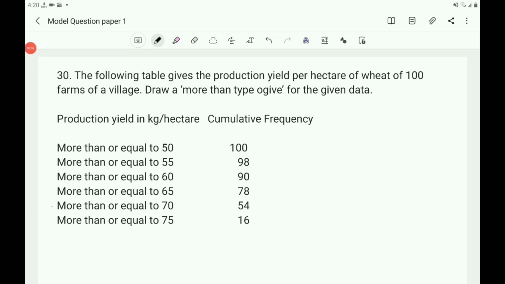Now you take the 30th question. The following table gives the production yield per hectare of wheat of 100 farms of a village. Draw a more than type ogive for the given data. You have to draw the more than type ogive, and more than type ogive means you have to take the lower limit and the corresponding cumulative frequency, and here it is given more than or equal to 50, more than or equal to 55, more than or equal to 60, more than or equal to 65, more than or equal to 70, more than or equal to 75, and the corresponding cumulative frequency is given.